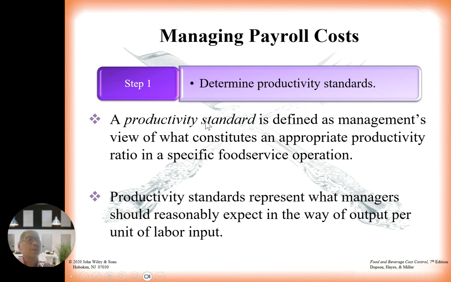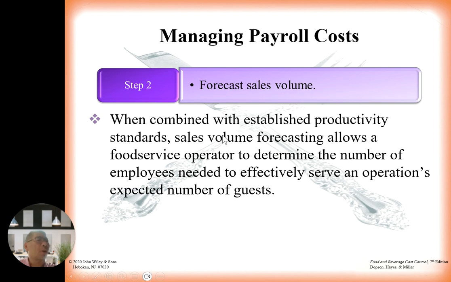Example of productivity standard: if you are at Tim Hortons taking orders for the drive-through, you are expected to take each order in less than, let's say, 2 minutes. Forecasted sales volume, when combined with productivity standard, allows a food service operator to determine the number of employees needed to effectively serve the expected number of guests.